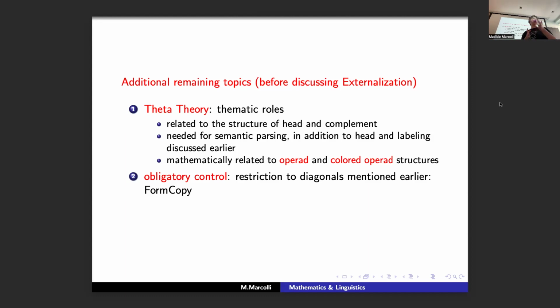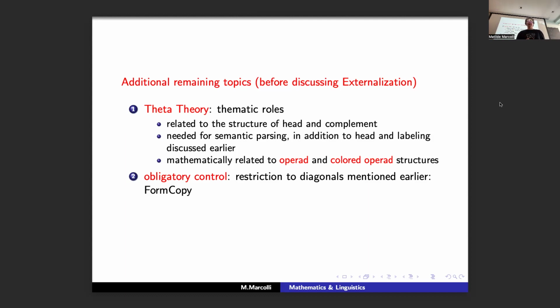It's a particular kind of role that it has with respect to a verb or a predicate, which is the center of that structure. And I'll discuss that in this mathematical setting that we're using for modeling the construction of syntactic structures. This can be phrased in terms of a structure of operad, and of colored operad in particular.